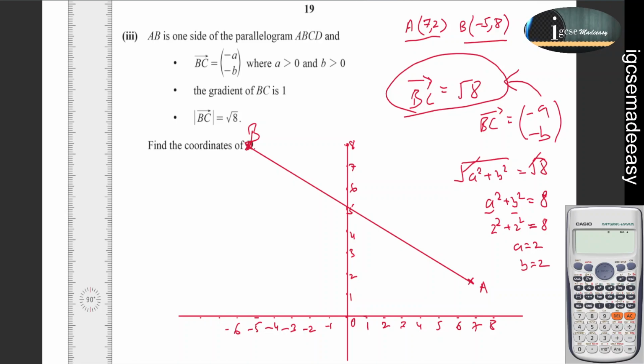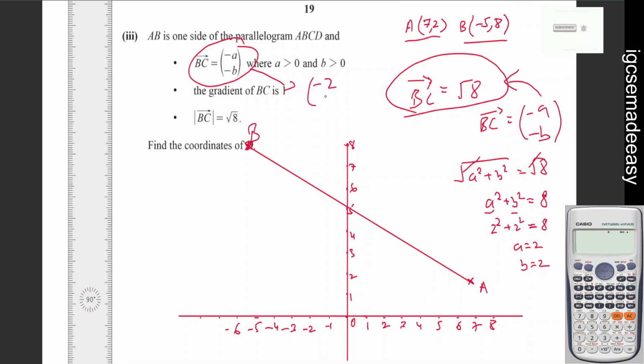So if a and b are 2, then going from B to C, it is minus 2, that is a, and it is going minus 2 again, right? So from B, if I go minus 2 units and minus 2 units, I'll be reaching minus 2 and minus 2, coming down. So from 8 I'll be coming down to 6.